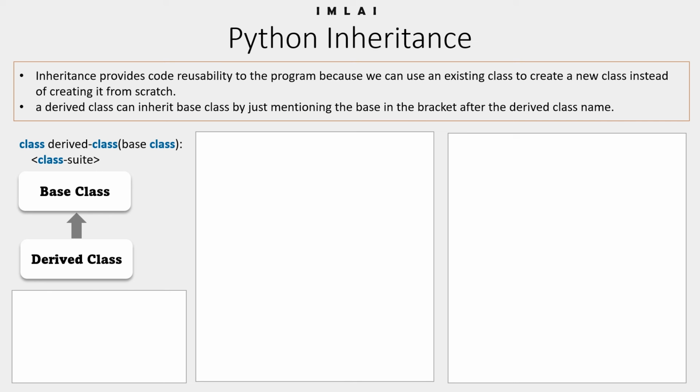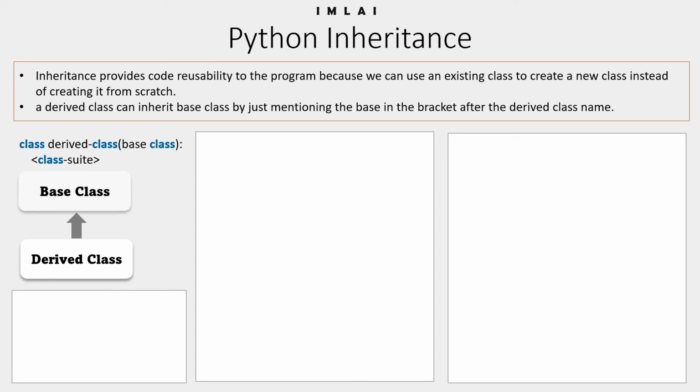I think it's clear now. How do we inherit classes? How does a derived class inherit properties from a base class? Using this syntax, using parenthesis. Inside that you have to mention the base class or super class to be inherited.